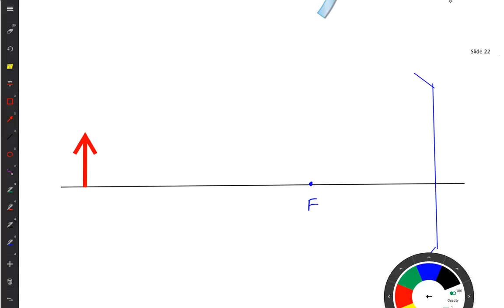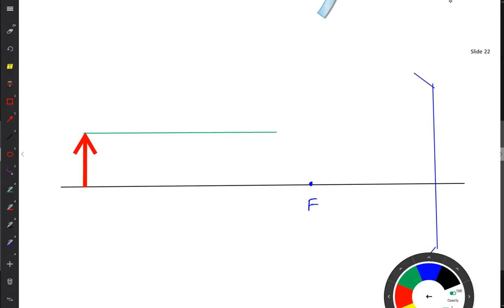What's the first ray we did with a lens? Parallel ray. So let's do the parallel ray. Where does the parallel ray go? To the focal point. Okay, second ray, the focal ray, starts at the tip of my object, and where does it go? Through the focal point.